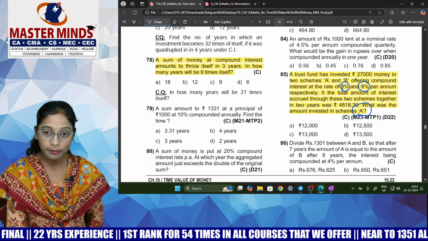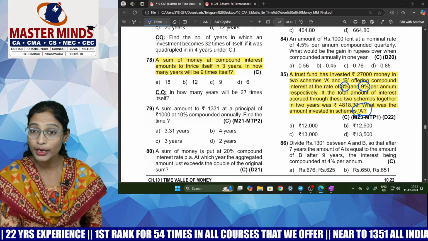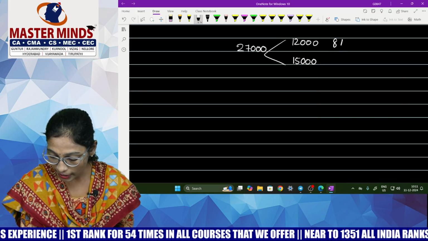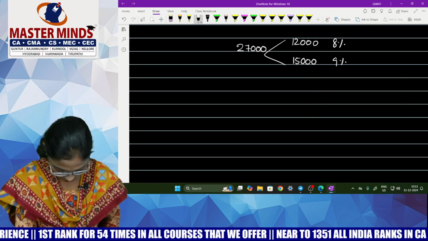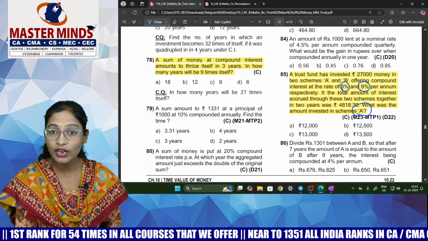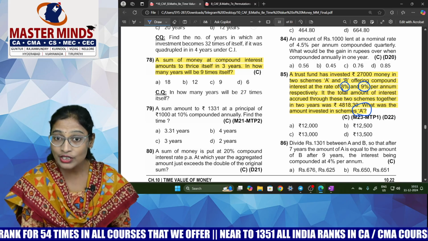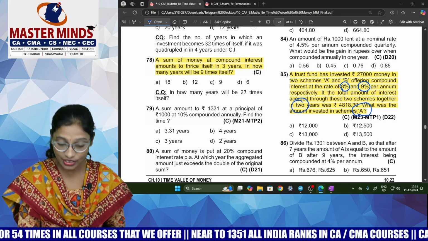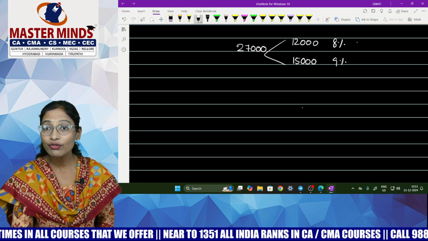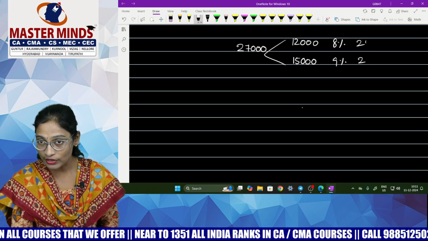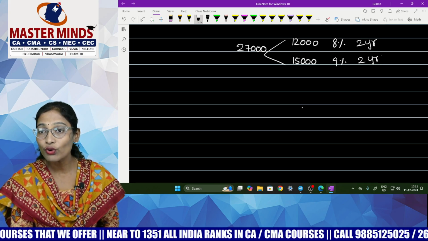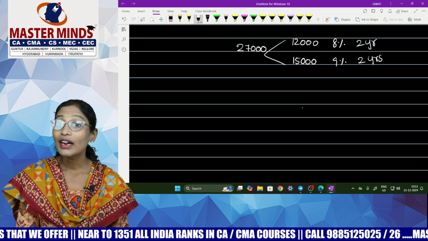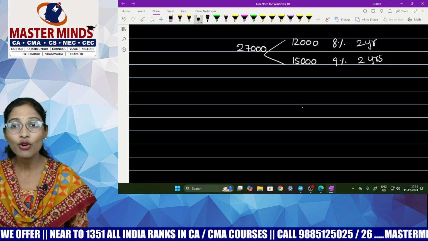Scheme A is going to offer 8% and scheme B 9%, and the total interest received through these two schemes together in 2 years is going to be 4,818.